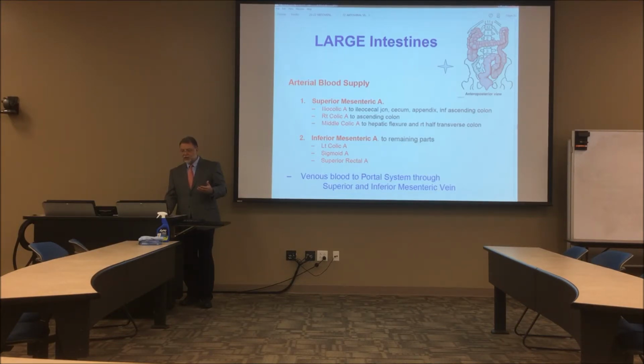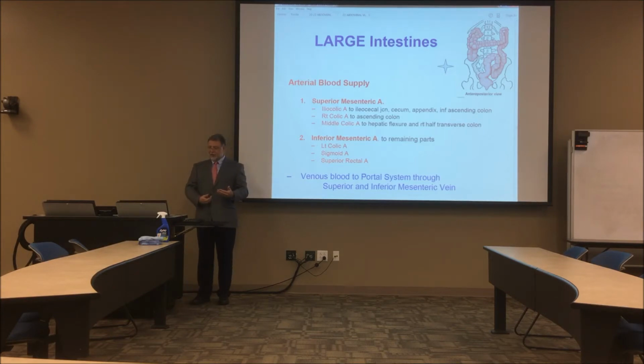So you can learn it by what areas, talking about this diagram, from your navel: all the jejunum, ileum, ascending colon, hepatic flexure, right half of the transverse colon, that's going to be the superior mesenteric.